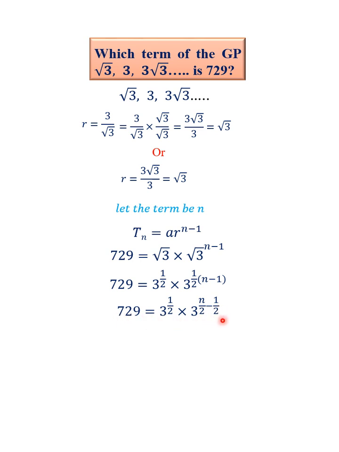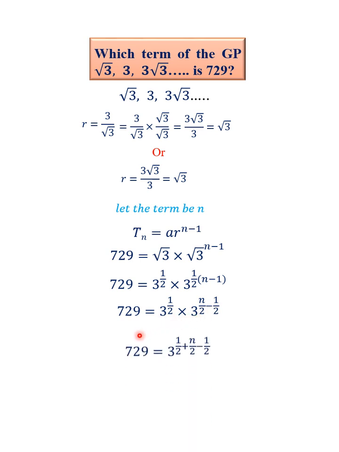So we have this in index form. We are just going to solve this expression for the value of n using the laws of indices. According to the laws of indices, when you have the same base multiplying each other, you add up the powers. So 3 and 3 here are the bases.